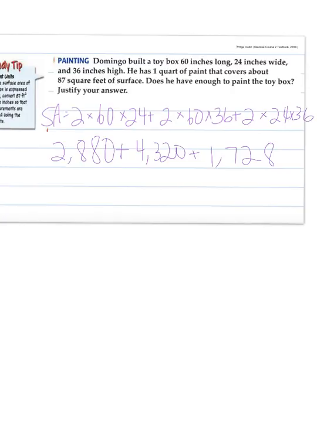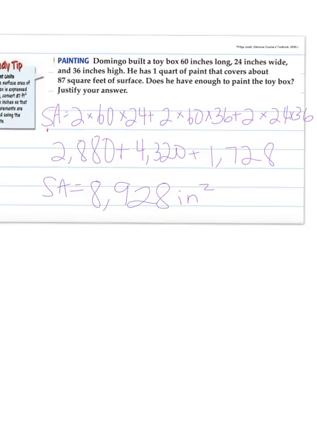Add all of those together. 2,880 plus 4,320 plus 1,728. And we get a surface area of 8,928 inches squared.